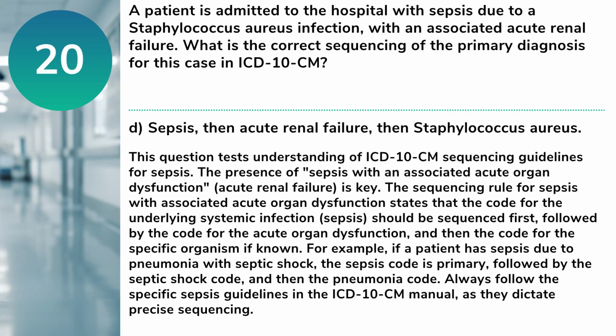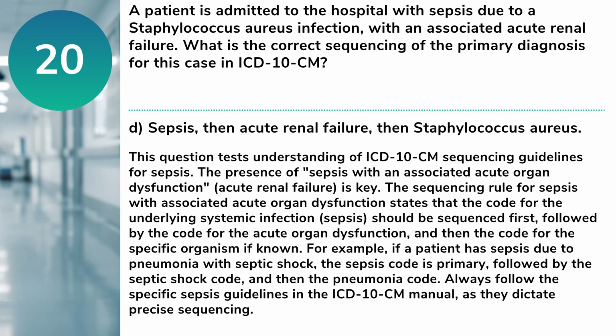Answer: D. Sepsis, then acute renal failure, then Staphylococcus aureus. This question tests understanding of ICD-10-CM sequencing guidelines for sepsis. The presence of sepsis with an associated acute organ dysfunction, acute renal failure, is key.